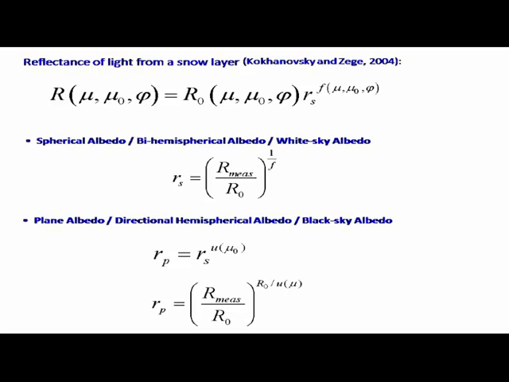So these are simple analytical equations, and one can finally get the spherical albedo from a single reflectance measurement. And once you have the spherical albedo, you can also estimate the plane albedo, again from the single reflectance measurement.